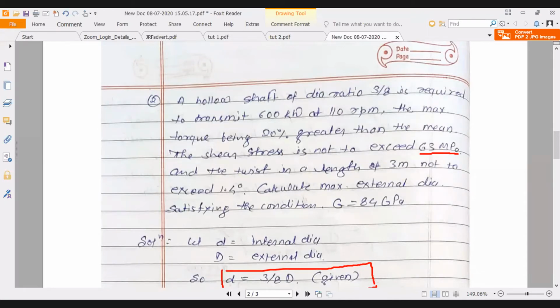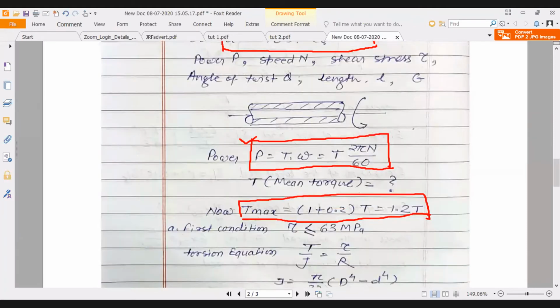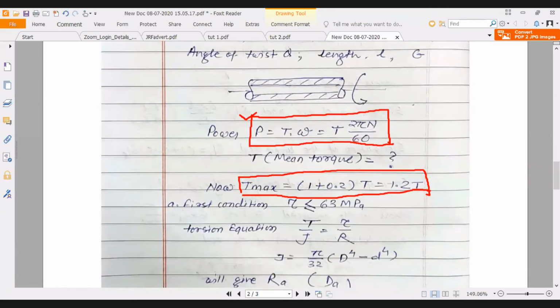The shear stress. Okay. I think you are all aware of this relation very well. This is nothing but it comes from the torsional equation. What is J here? Yes, anyone can tell me?